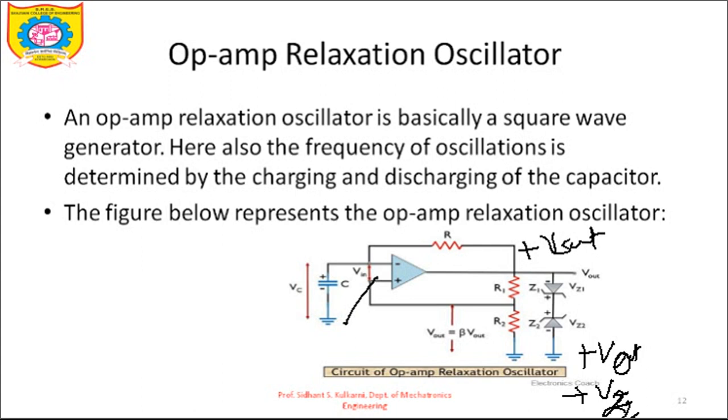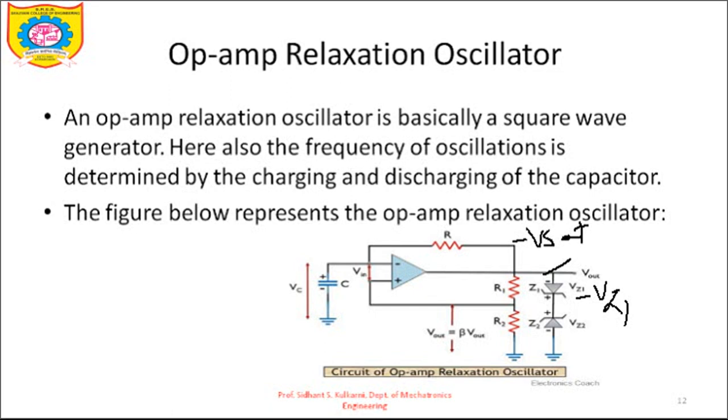Now in the other case, when the op-amp is in the minus V saturation, Z1 will be reverse biased, whereas Z2 will be forward biased. So the output voltage will be decided by the reverse biased Zener, but look at the polarity, it is minus to plus during minus V sat, and because of this, the output voltage will be minus VZ1.